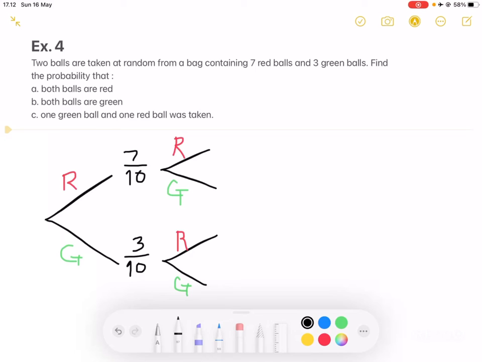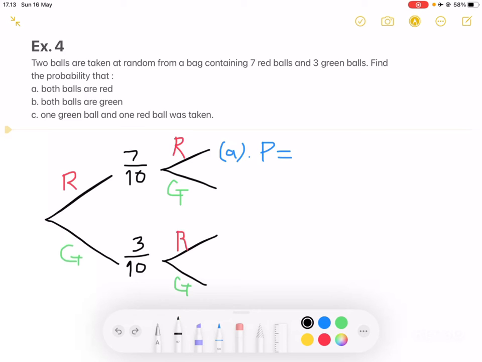Let's work out part A, which is when both balls are red. Our probability will be this one right here, and we label this with A. So our probability will be the product of the probabilities leading to this AND right here. It will be this probability times this probability.